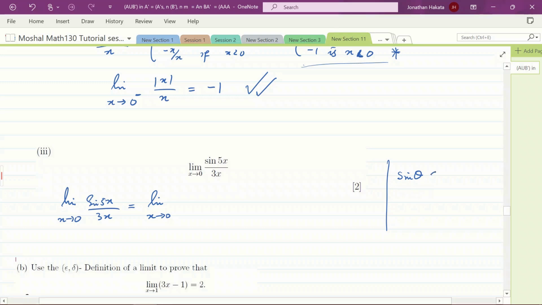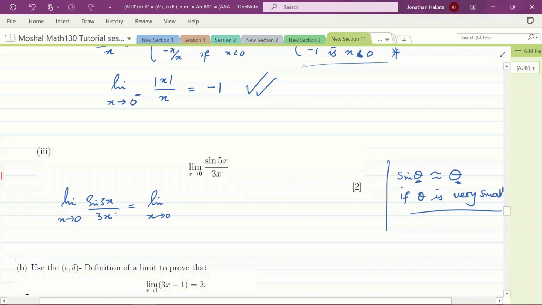Sine theta is almost equal to theta if theta is very small, for small angles. All right? But the thetas should match. If you look at this, we can't apply the principle because 5x and 3x are different.